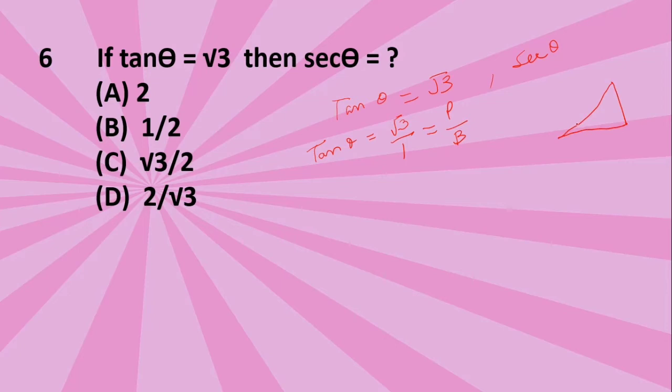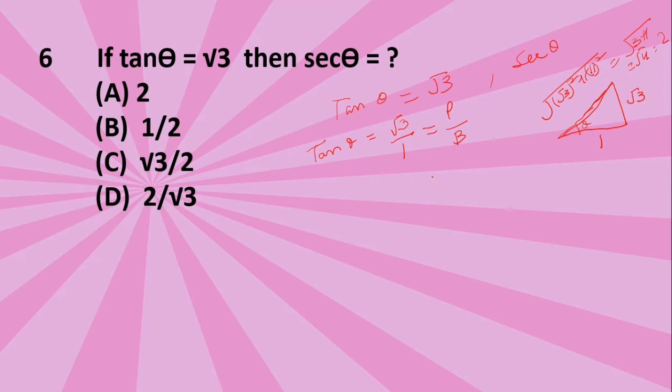In the right triangle, this is theta, so perpendicular is for theta, this one is root 3 and this one is base, which is 1. So by Pythagoras theorem you can calculate this hypotenuse, that is under root 3 square plus 1 square, that is 3 plus 1, equivalent to under root 4, which is 2.